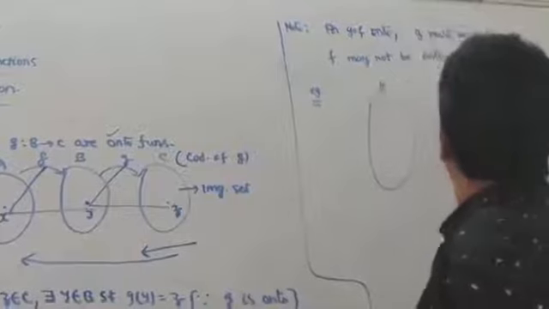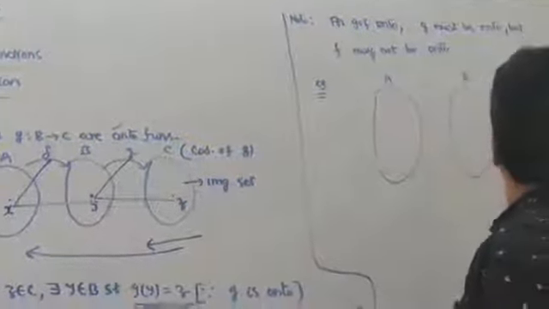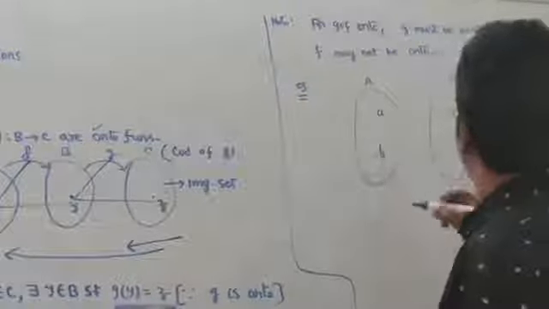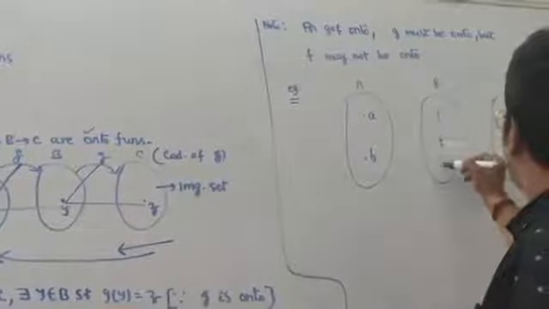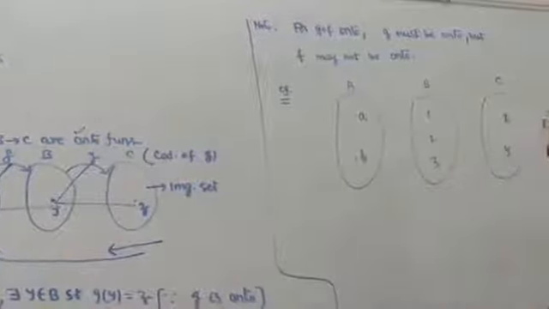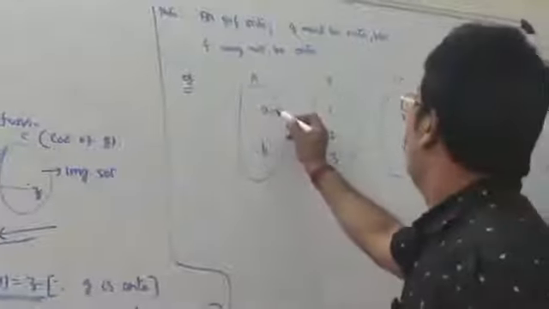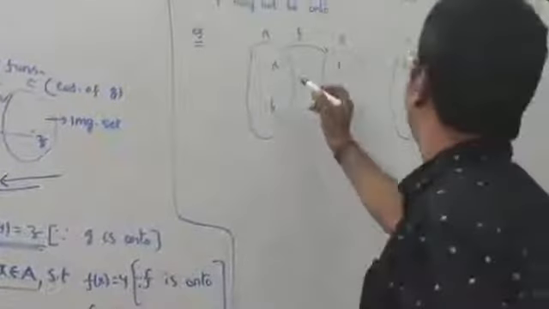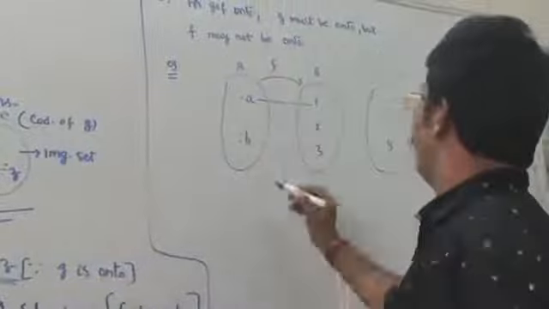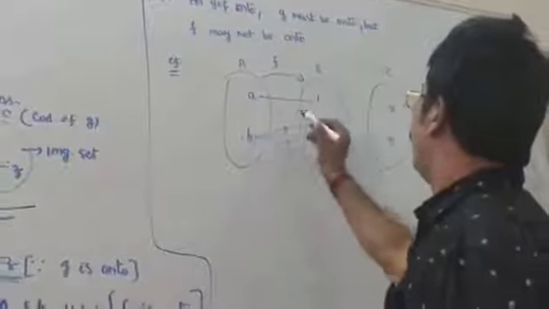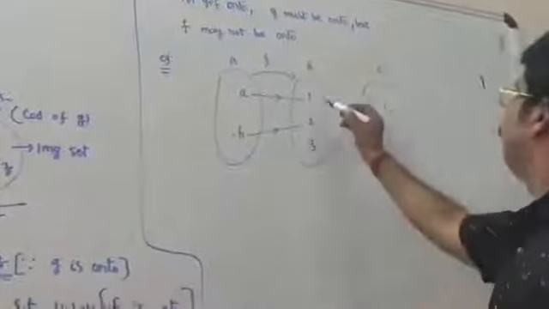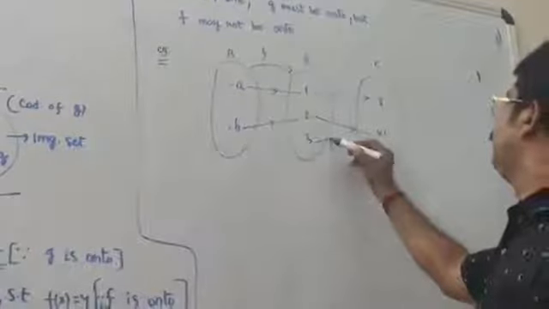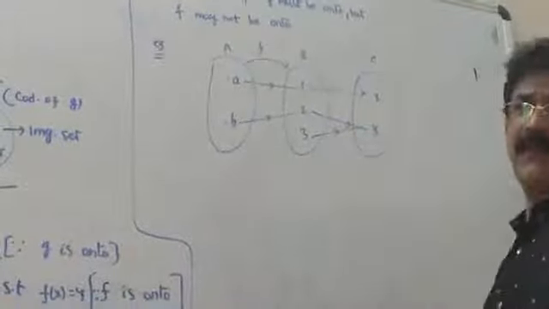This is capital A, capital B, capital C. A has 1, 2, 3, and B has x, y. f from A to B: 1 is mapped with x, 2 is mapped with y, 3 is mapped with y.